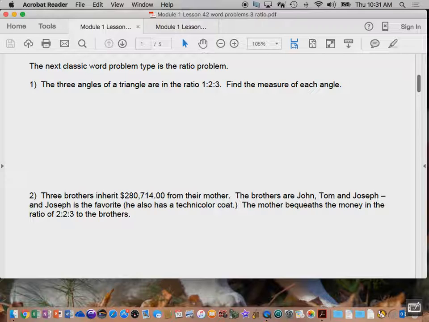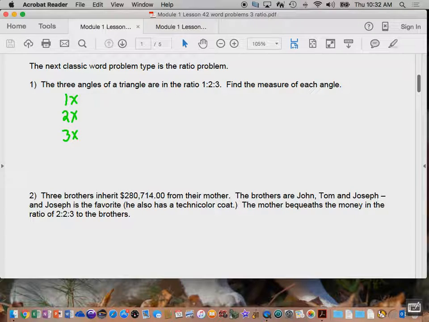Since there's something I don't know, namely what that common thing is that I could pull out to get to the ratio, I'm going to call it x. So my first is 1x, my second is 2x, and my third is 3x, because it doesn't say that the numbers are 1, 2, and 3. It says the ratio is 1, 2, and 3. So here's your 1, 2, and 3 for the ratio, and the x is the thing they share in common that we don't know yet.